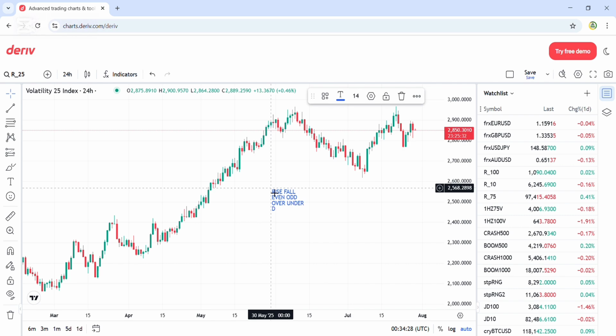Then lastly, we have the differ matches. So these are the four contracts that are common and tradable here in deriv.